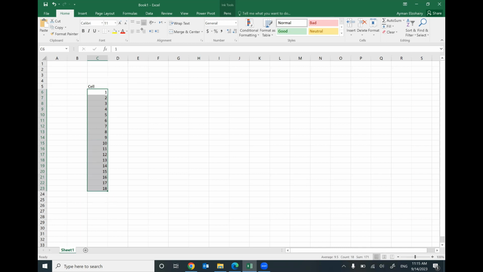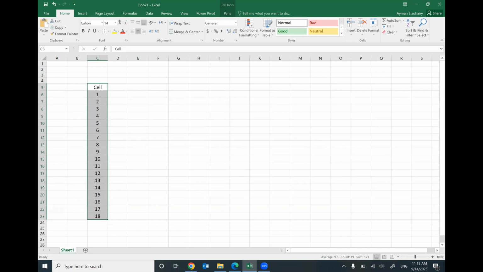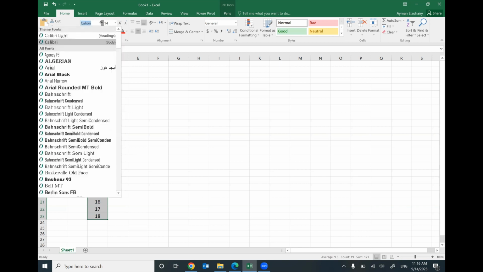If you would like to put them in the middle, you can choose from here to center your content, to make them at the center of the cell as well, like this. If you would like to make this text bigger, you can increase the text size from here. If you would like to change the font, you can change the font from here.